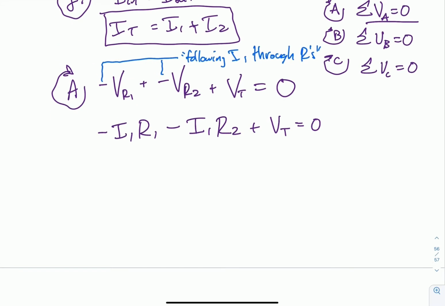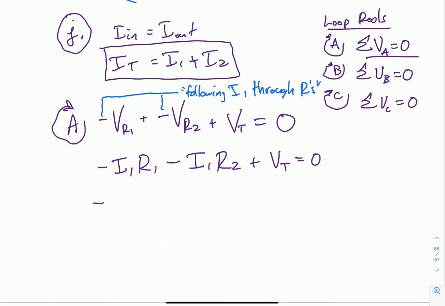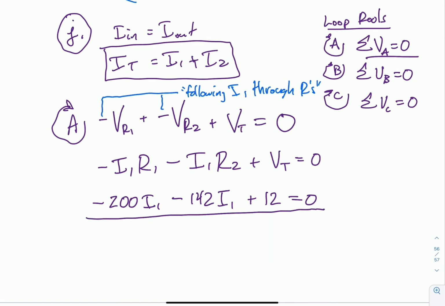So I'm going to rewrite this equation with just some of the known values. We've got negative R1 is 200 ohms, so we're going to say 200 I1 minus R2 was 142 ohms, so we'll say 142 I1 plus, and V total was 12 volts. And so this is our first equation that we can get using the loop rule for loop A.